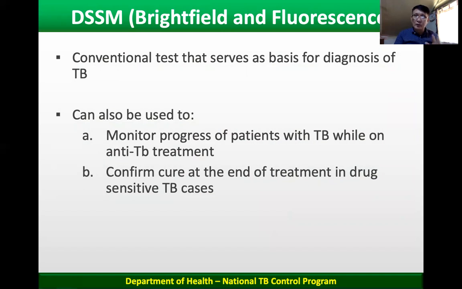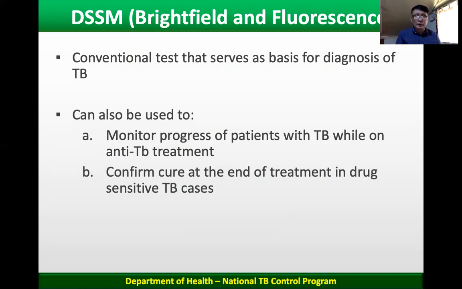This has to do with the staining method being utilized, whereas in fluorescence, we use a fluorescent reagent for the specific test. Now, the conventional test serves as a basis for diagnosis of TB. It can also be used to monitor progress of patients with TB while on anti-TB treatment.